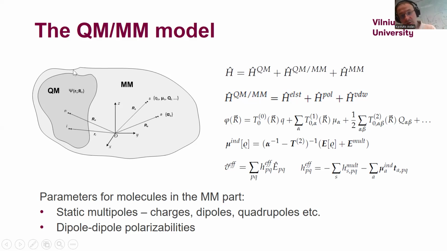And vice versa, the dipoles will also affect the charge distribution in the quantum mechanical system. So what we gain with such an approach is the mutual polarization between the quantum mechanical and the classical system. In this way we introduce the many-body effect.